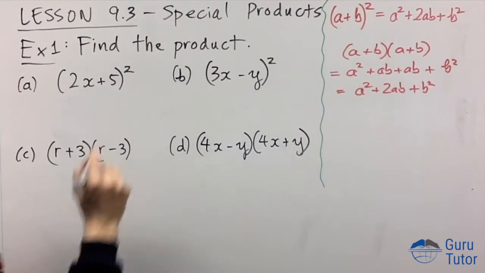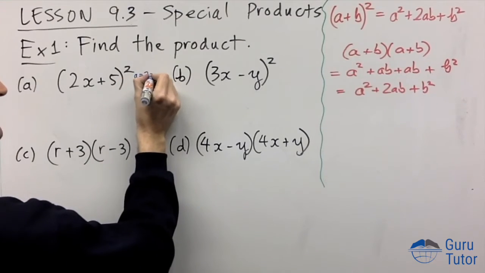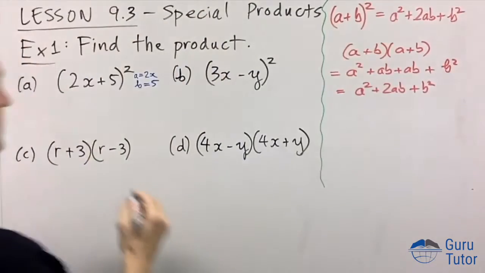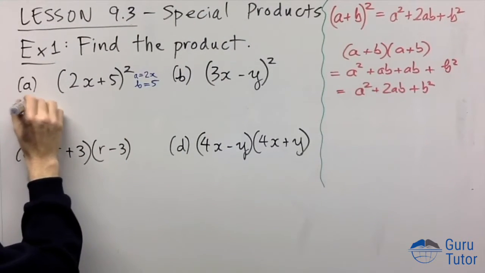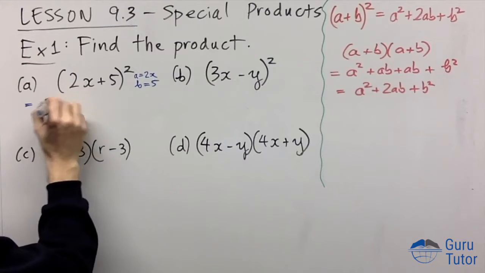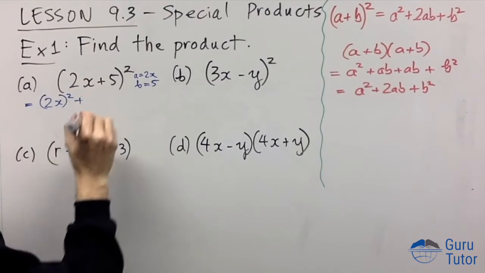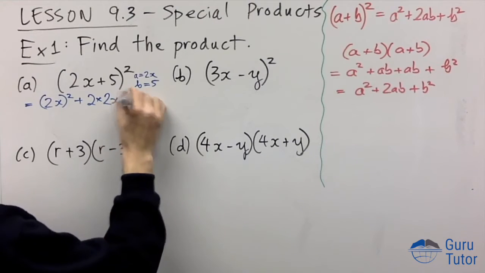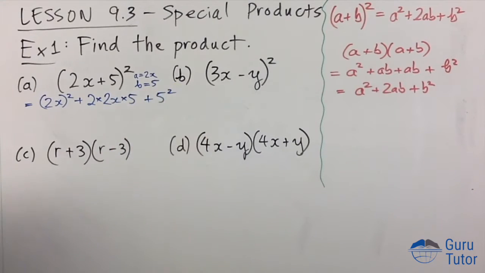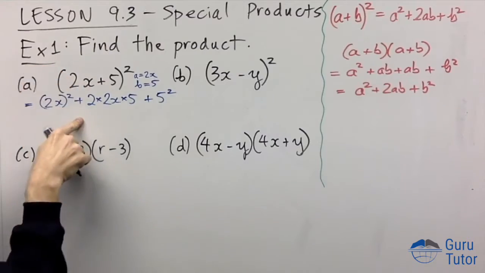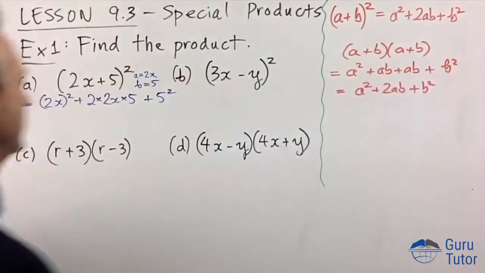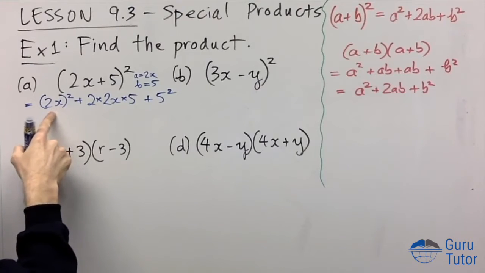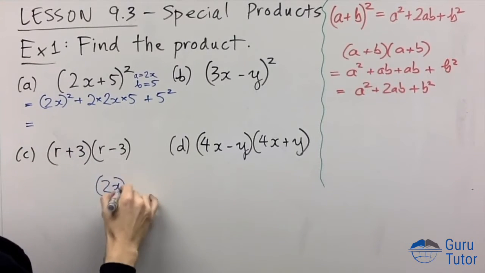So this is like a is 2x and b is 5, and I'm imagining the answer is going to be this. So the answer is going to be a squared plus 2 times a times b plus b squared. Can you see that? I've gone from here to here. That's the same as me going from here to here. And then one more step to tidy this up. 2x squared, remember that's 2x all squared.